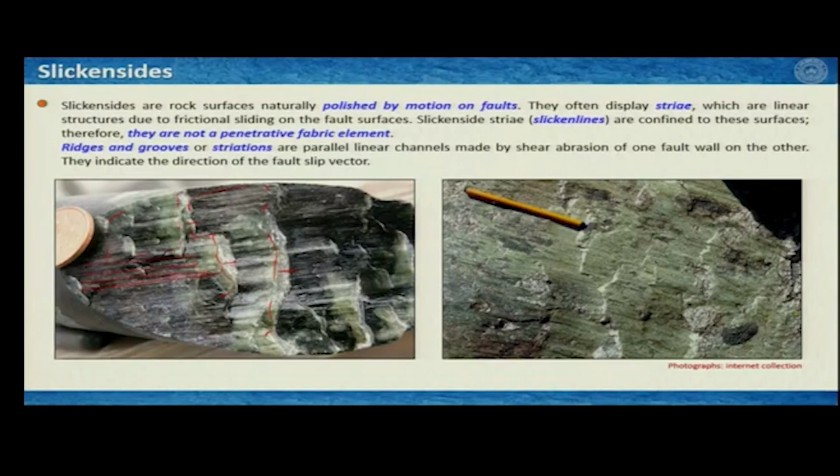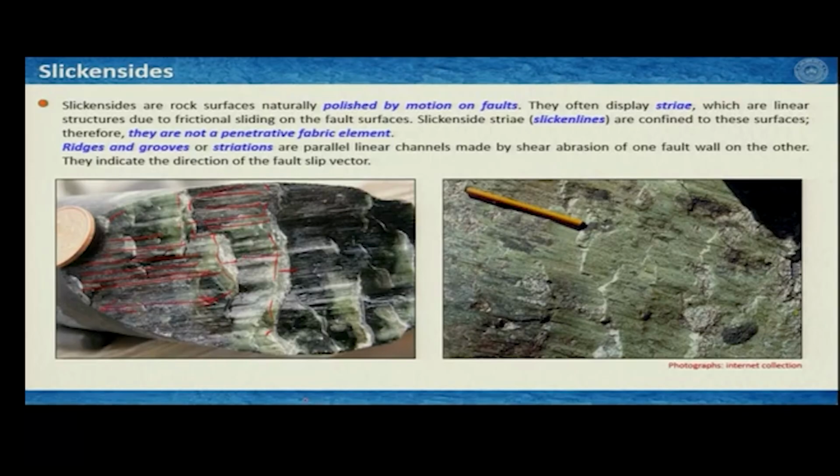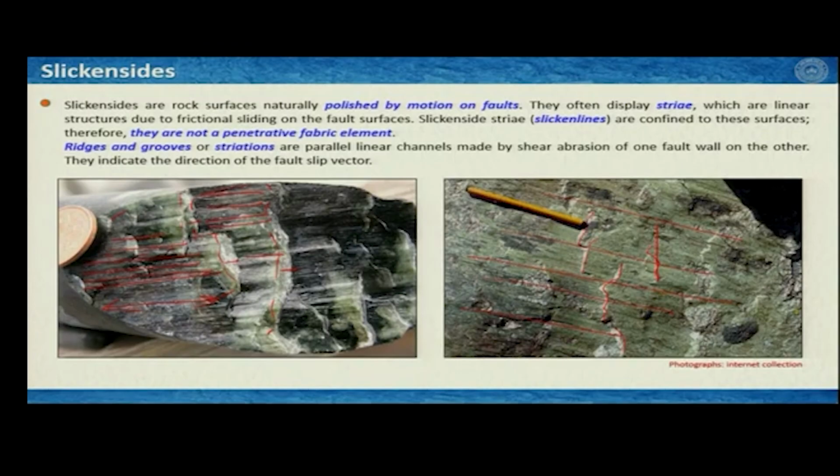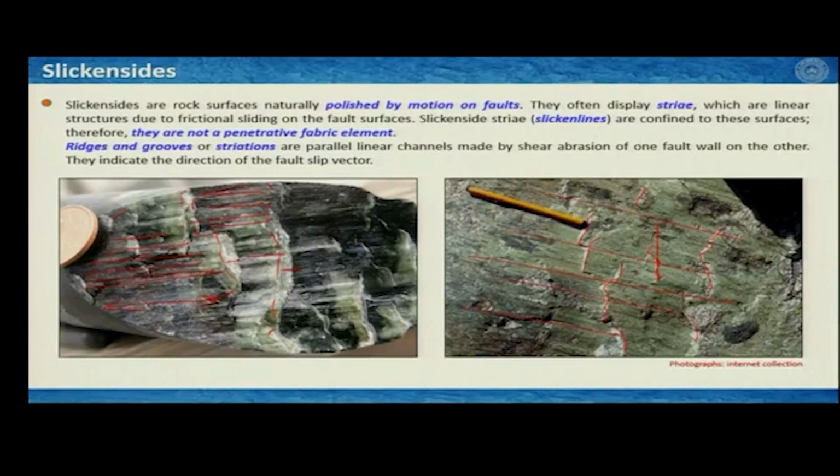So, these are your slickenlines, and they also indicate that the fault slip happened along this direction, and here as well they are characterized by this orientation. So, you can figure out these are lineations, and then there are some steps, and these steps are very, very important to figure out the actual vector, the direction the fault plane has moved past the other plane.